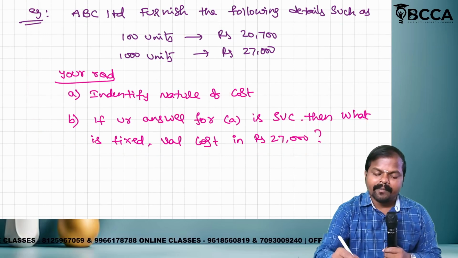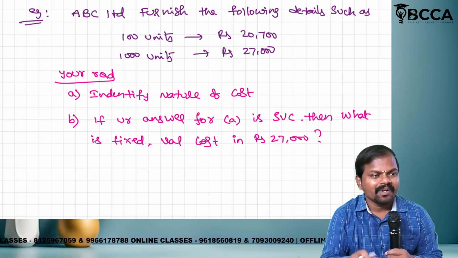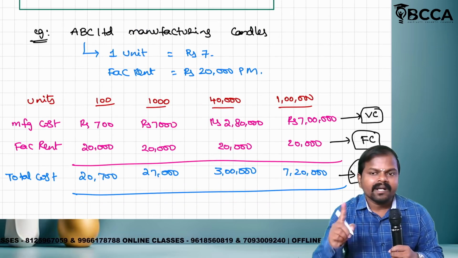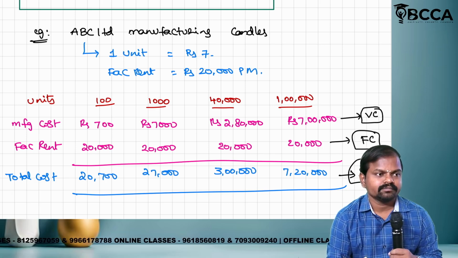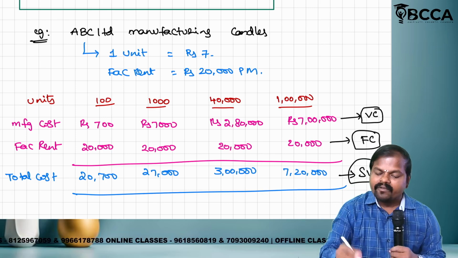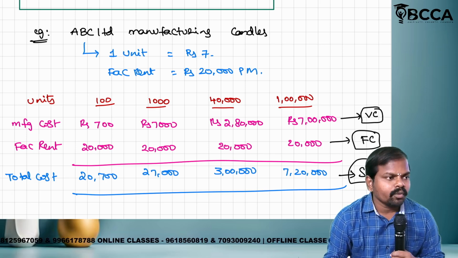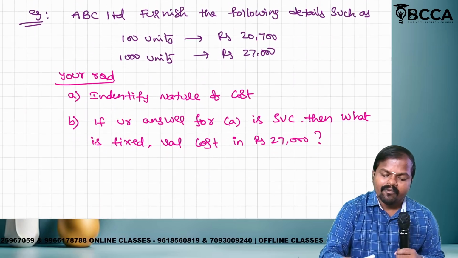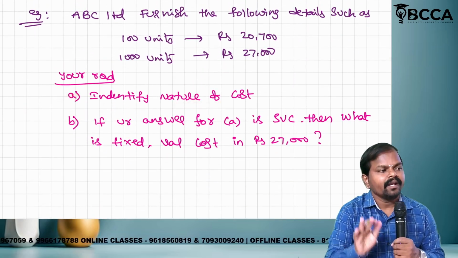Clear? Now tell me, out of 27,000, what is the variable cost? You can tell now because you already computed 7,000 and 20,000. But if they give an independent question without this data, you will be caught, and you have to segregate. Now, question number 1: what is the question? Nature of the cost.